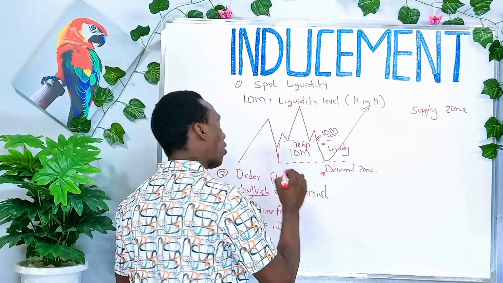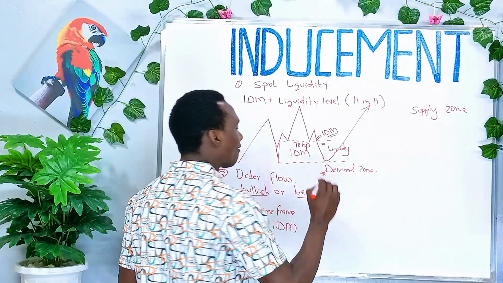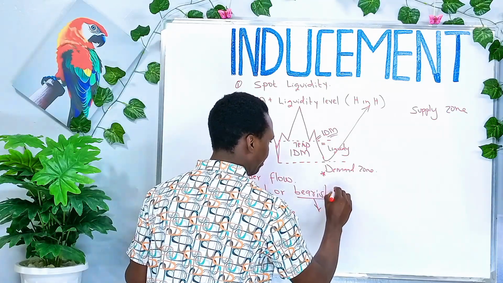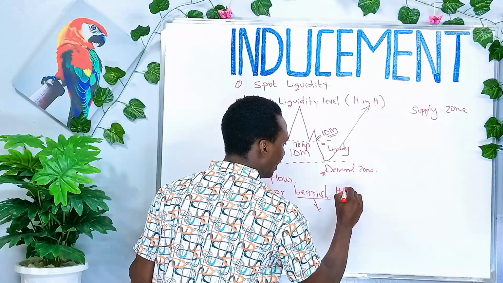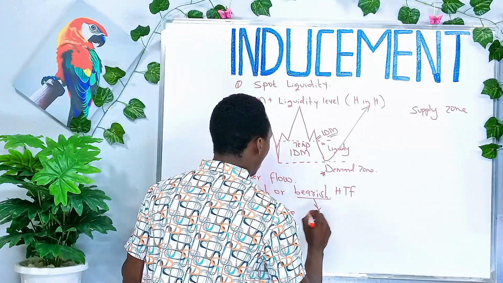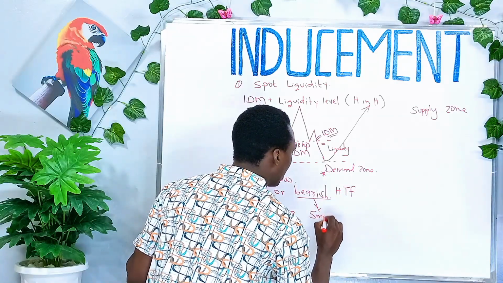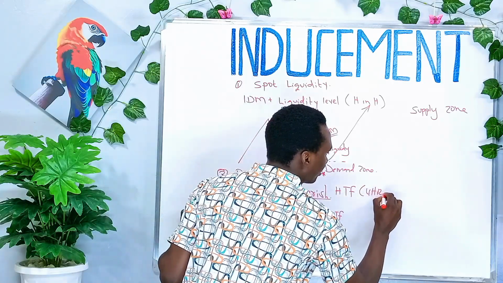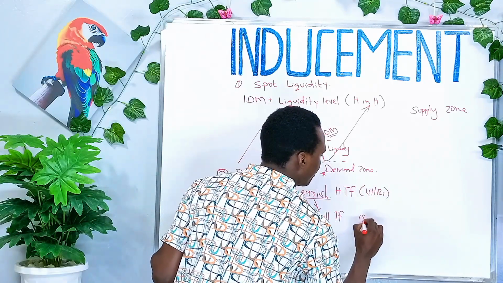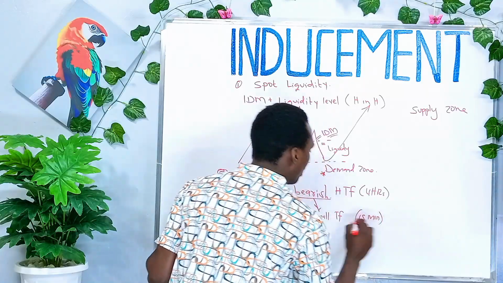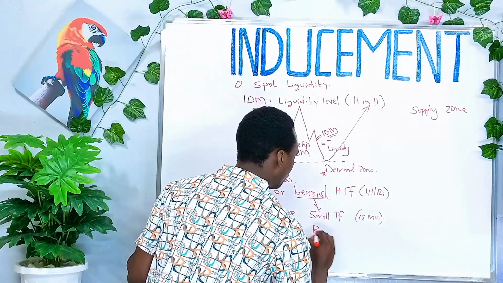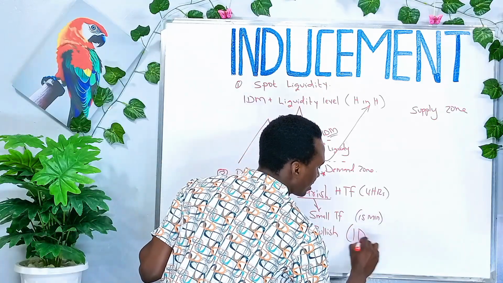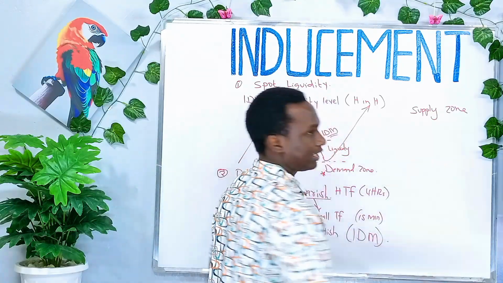The opposite is true. When you have bearish order flow on a higher time frame, let us say that this one was our 4 hours, and when you come to the 15 minutes time frame you get some bullish price structure, just know that that one is an inducement.